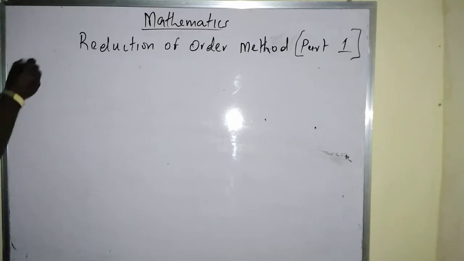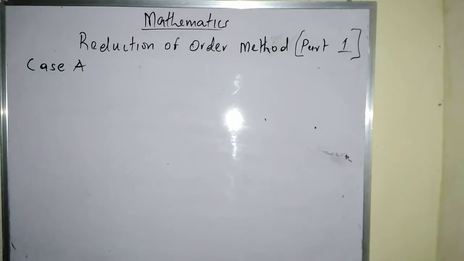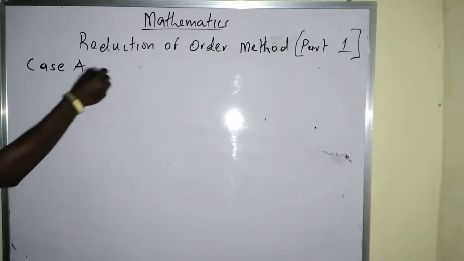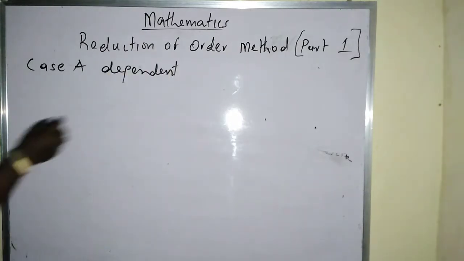The first case, which is called case 1, is dependent variable absent.